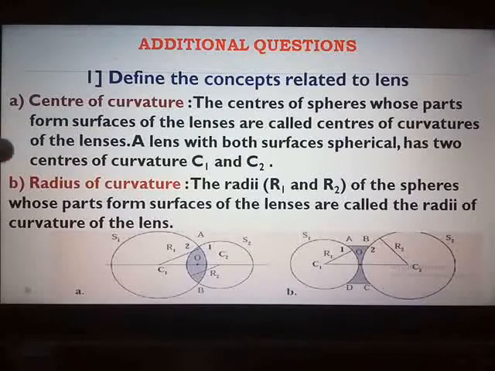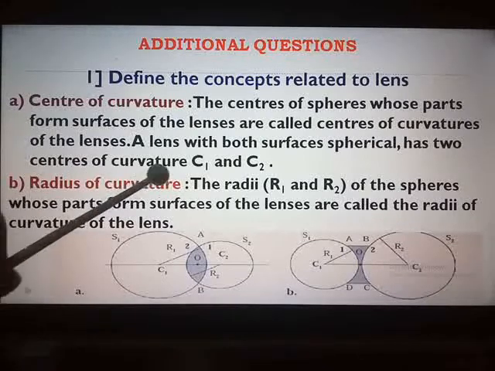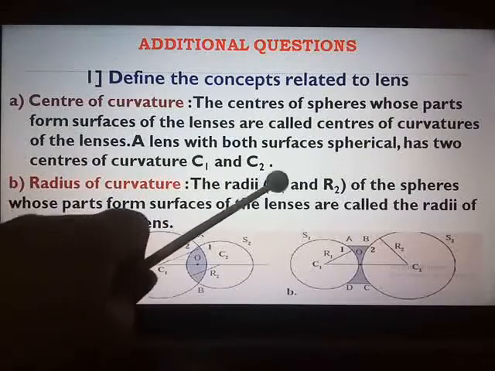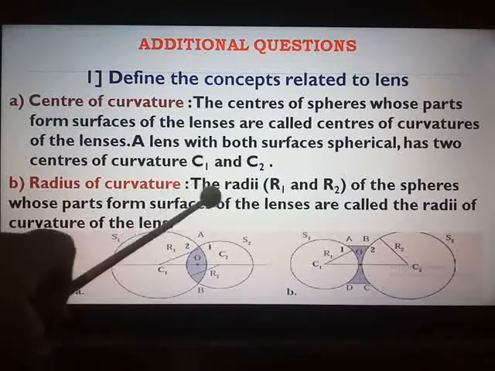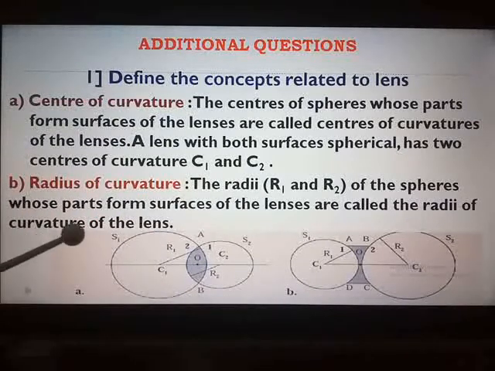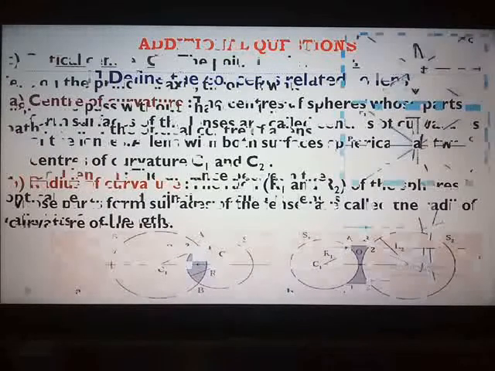Second definition, continue marking, radius of curvature. The radii R1 and R2 of the spheres whose parts form surfaces of the lenses are called the radii of curvature of the lens. All the definitions are on page number 81, one below the other. Just put a tick in the textbook, then you can write in the notebook.